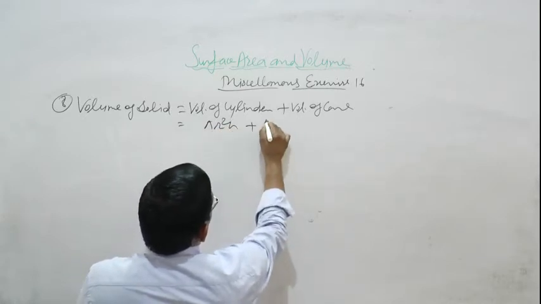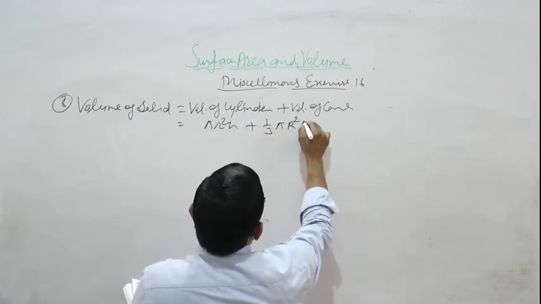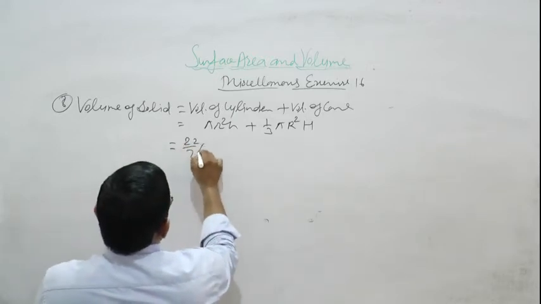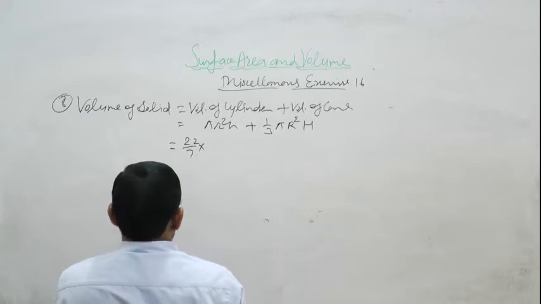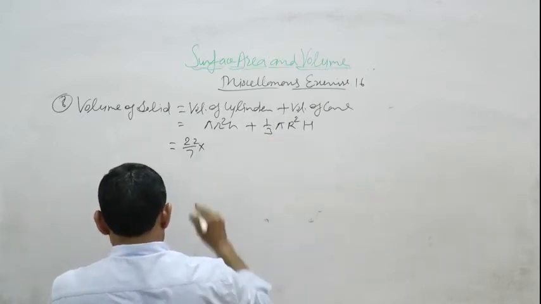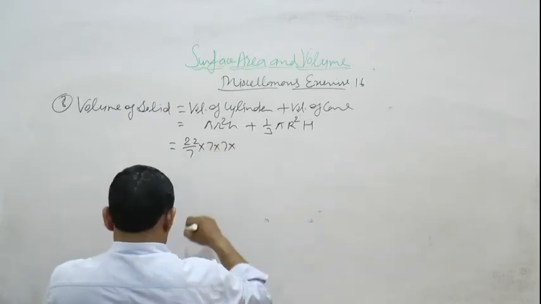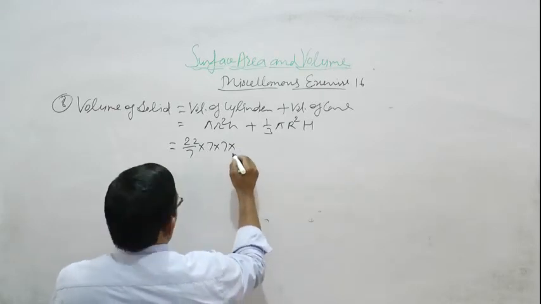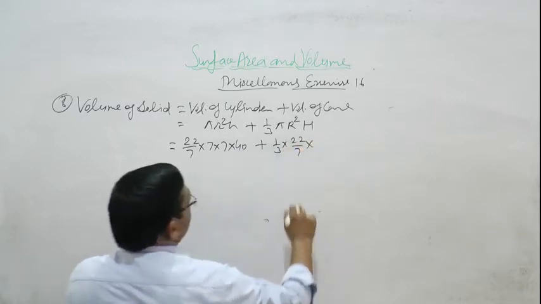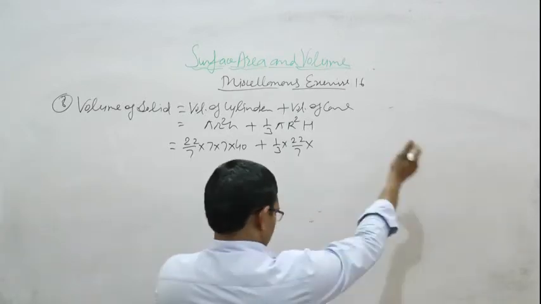Volume of cone is 1/3 pi r square h. That is 22/7 into the radius of the cylinder. Diameter is 14, so radius is 7. 7 multiplied by 7, and height is 40 centimeter. Plus 1/3 into 22/7 into the radius of the cone. The radius of the cone is 7 centimeter.